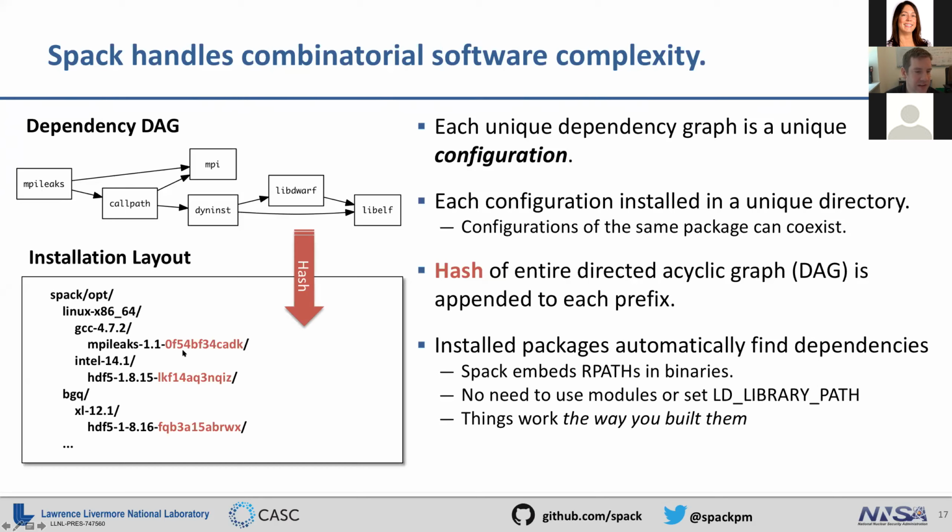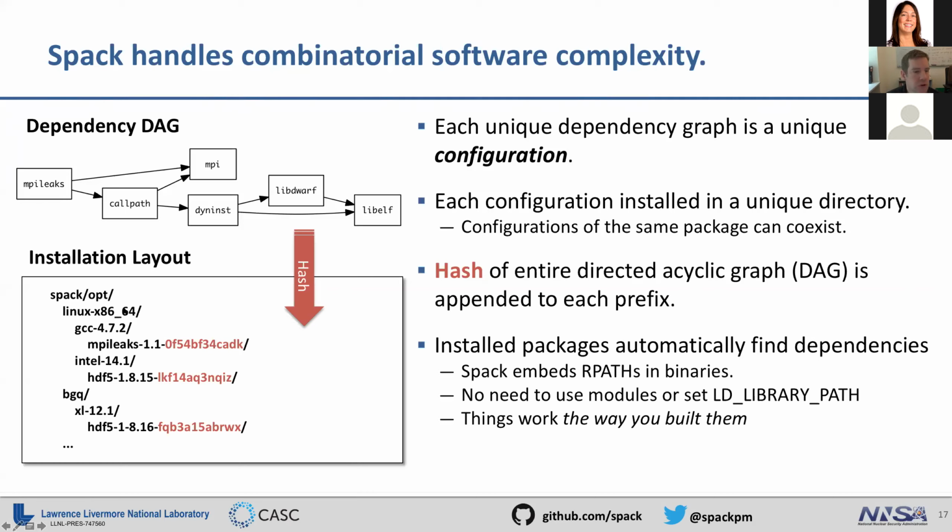Each one is suffixed with this hash. The prefix stuff here is just metadata so that you can browse the install directory and see what's installed there. The suffix is really all you need to make this unique. It's a SHA-1 of this whole DAG configuration.